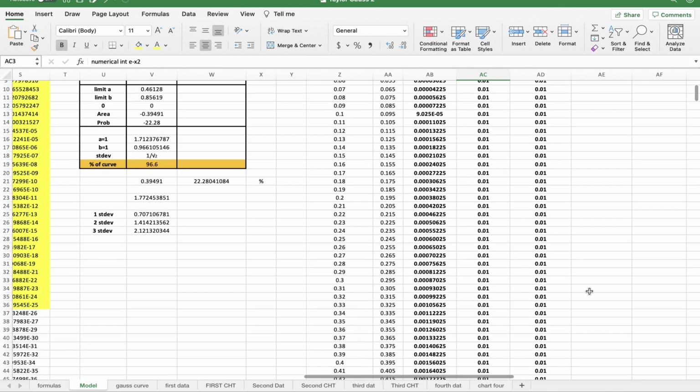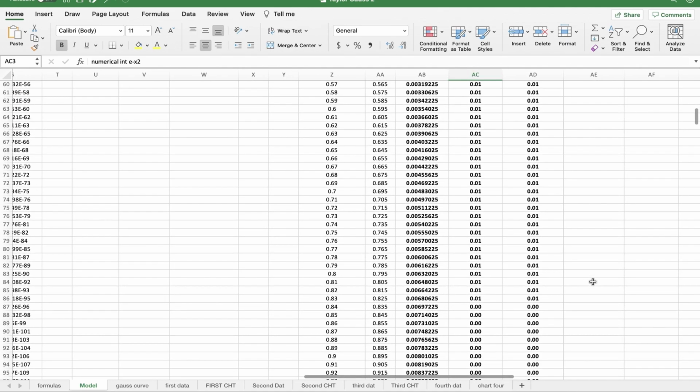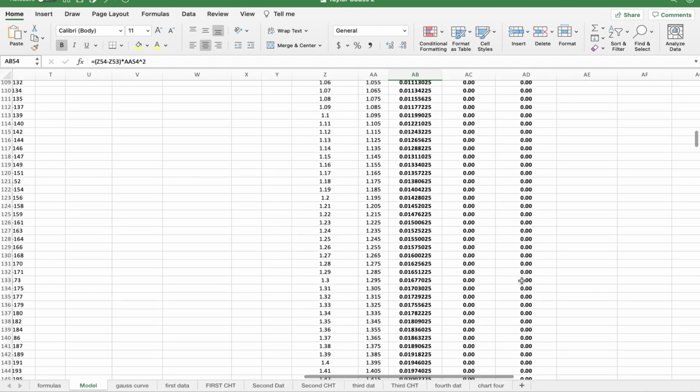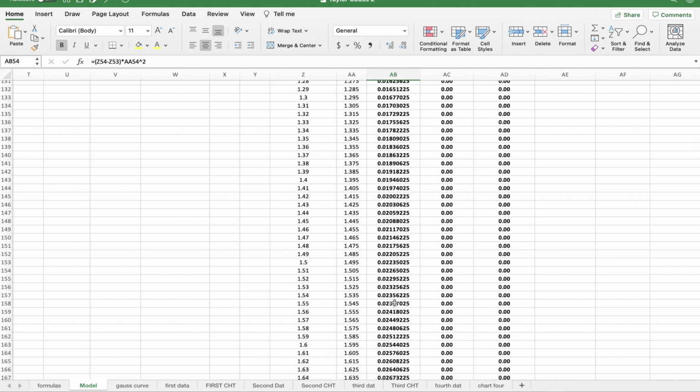And just to show you, we had 22.8% using my model with the Taylor series. If I go to 0.5 right here in the model, and that would be here, and 1.5, and add up, let's see, where's 1.5? 1.5 there, and I'm going to now sum up all of those.